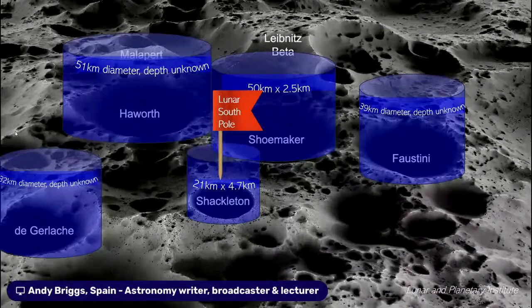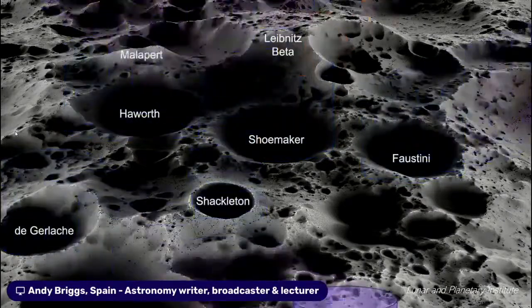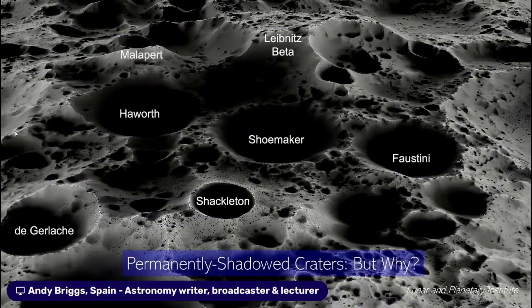So you've got some pretty wide craters here, and some very deep ones. You can see the ridges between the craters, making the whole landscape look really mountainous and big. Now, interestingly, a lot of these craters are in permanent shadow. The sunlight never penetrates them, never illuminates them.